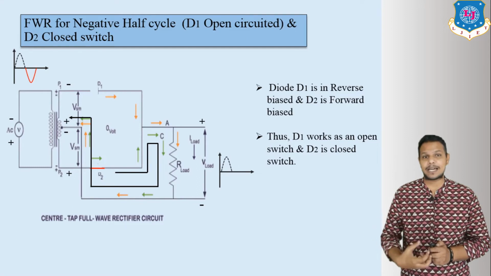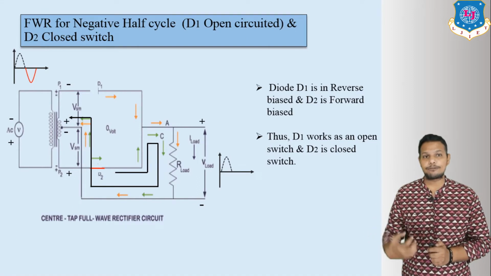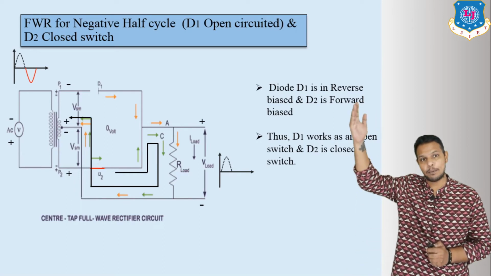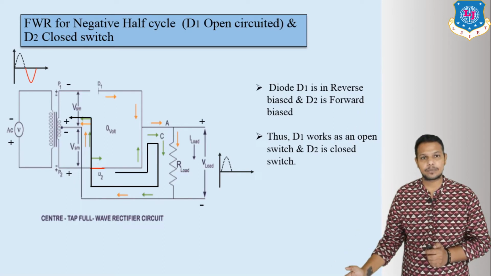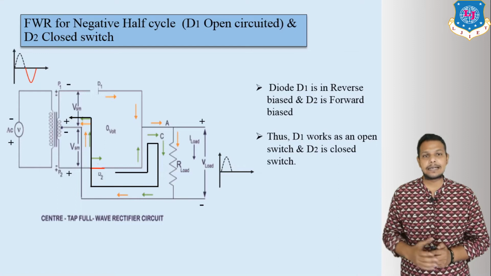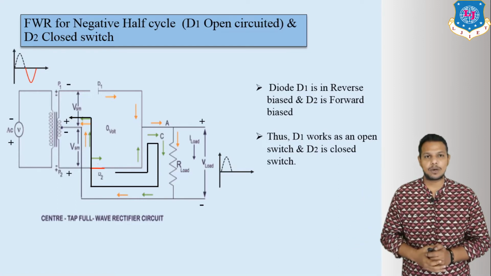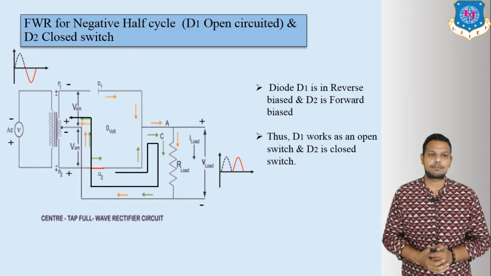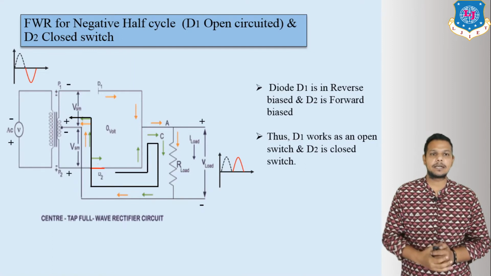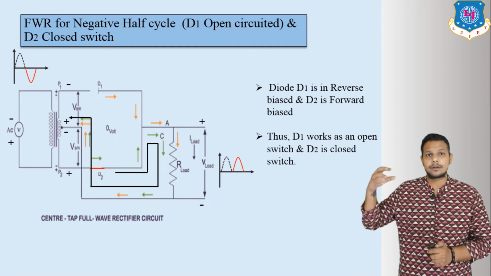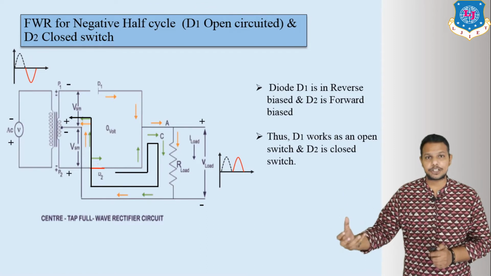In the positive half cycle, current always flows from the upper end to the lower end, that means positive to negative. That's the reason the polarity is the same as the previous one, and we get a positive half cycle from the output side. So this is the negative half cycle operation.